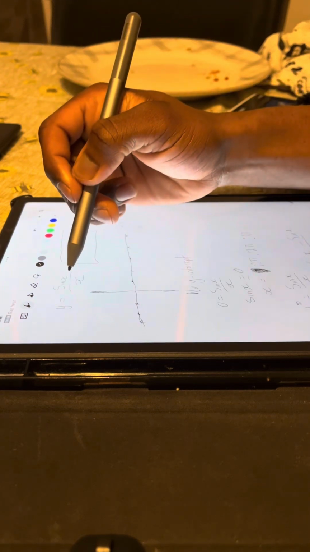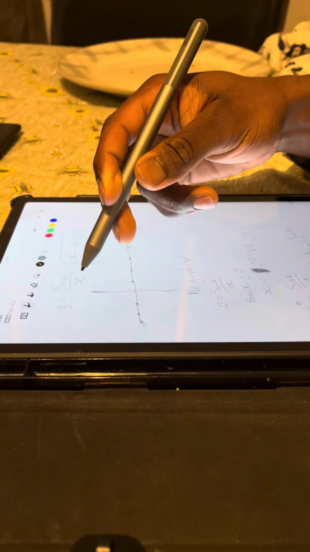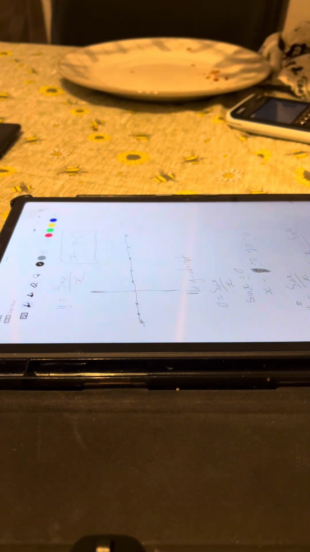And then if x is getting bigger and bigger, which means the bottom part will be getting bigger and bigger, you'd be tending towards 0, alternating between positive, negative, positive, negative.